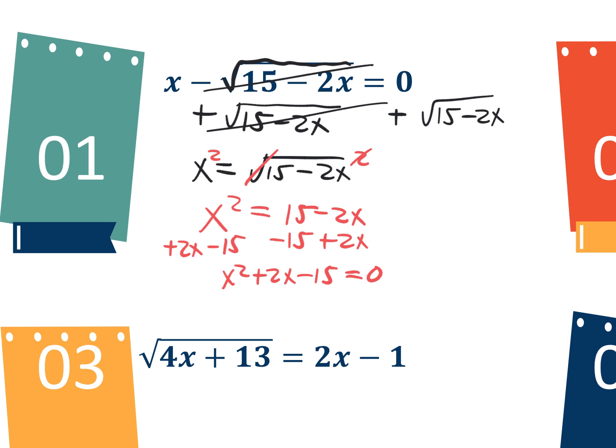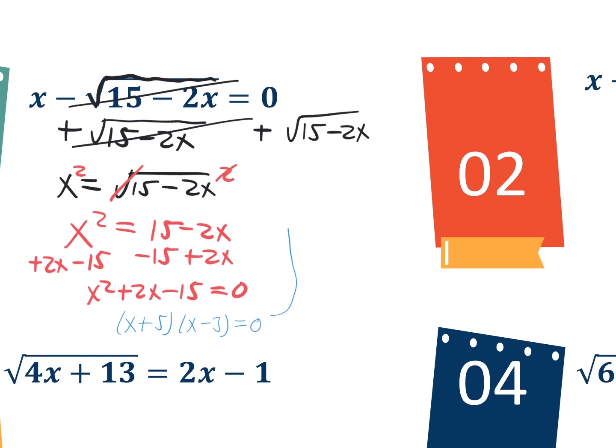You can use quadratic formula, completing the square. The easiest way to do it, I always tell you guys, check if you can factor it first. This one can be factored. Are there factors of negative 15 that add to positive 2? There are, so we get x plus 5 and x minus 3 equals 0.